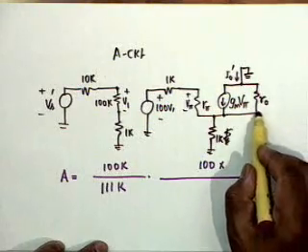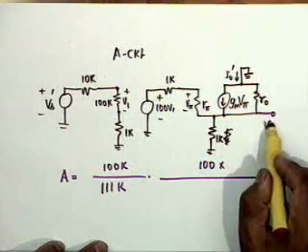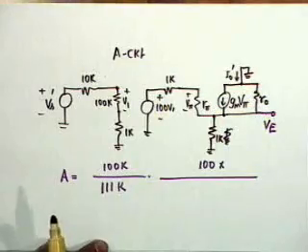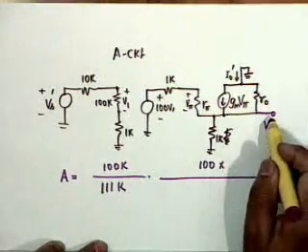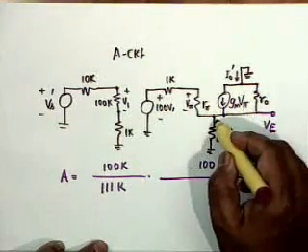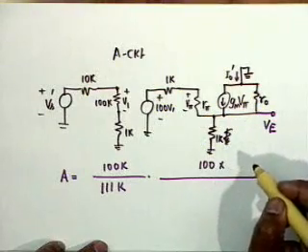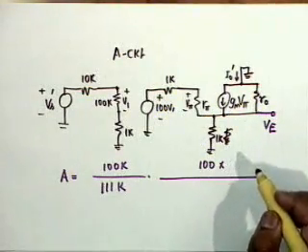Suppose we find out VE, this voltage. Isn't it the same current as flowing through 1K? No, it is not. So we need GM. We shall need GM, that is correct.